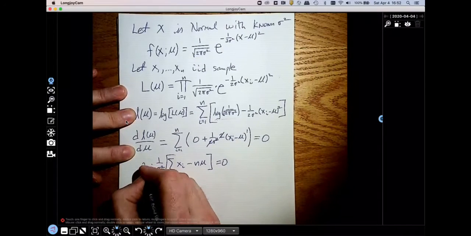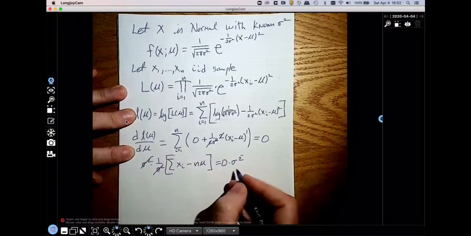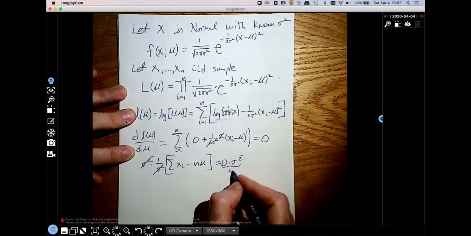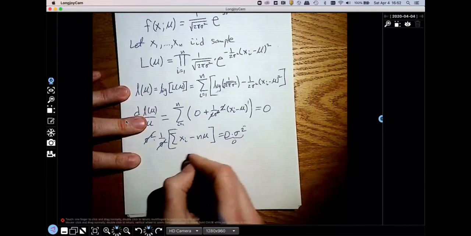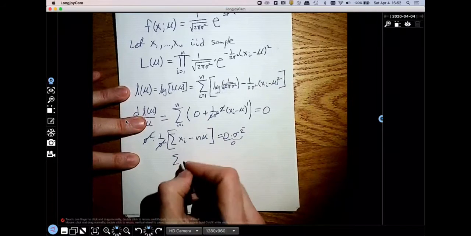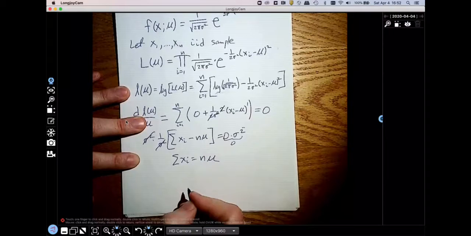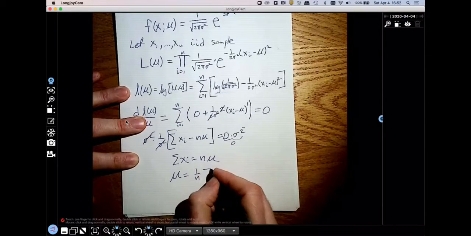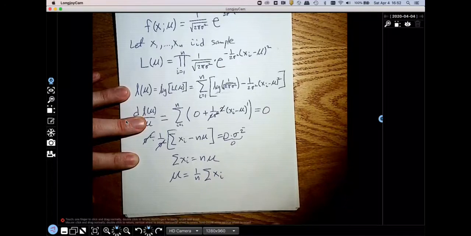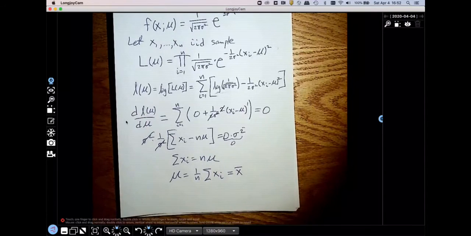So I can multiply both sides by sigma squared to get rid of that. And so this whole thing is still 0, of course. And where I'm going with this is we end up with the sum of xi is equal to n mu. Therefore, mu is just 1 over n times the sum of xi, and we recognize that as x bar.